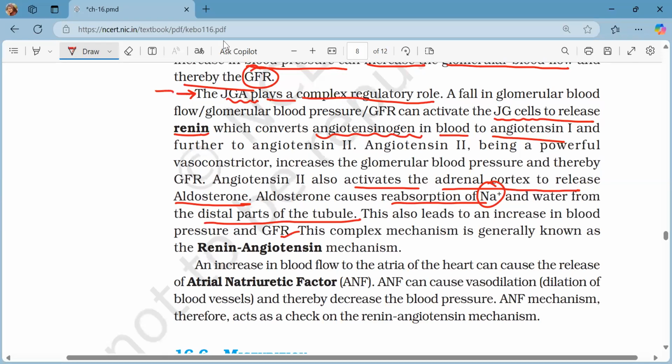This whole mechanism, right from the JG cells to aldosterone, we call the renin-angiotensin mechanism. Clear?